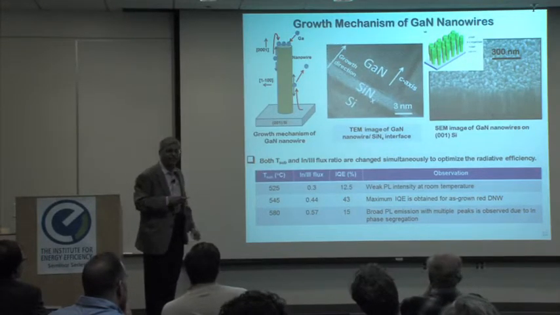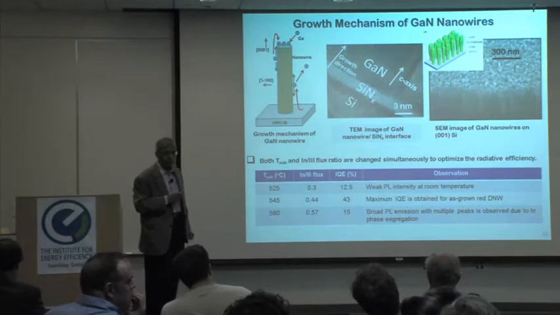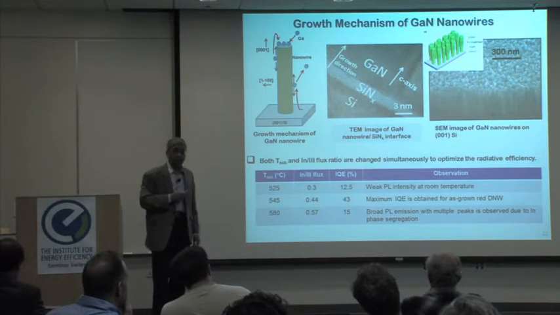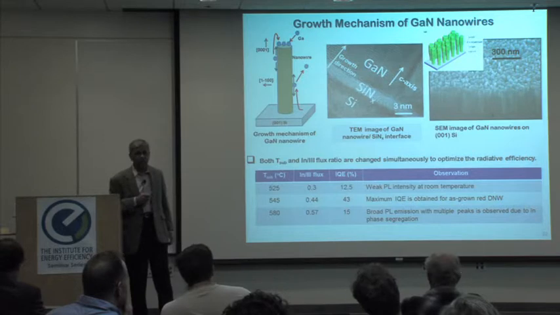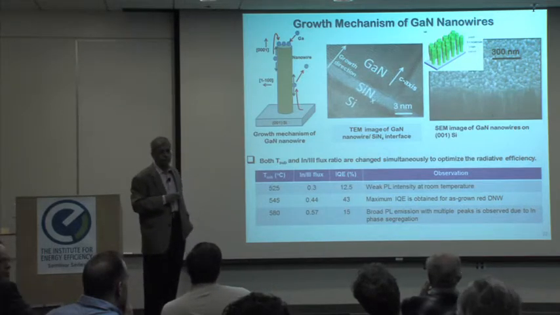Is silicon nitride magical, or is any amorphous material in between okay? So the question is, suppose I took aluminum as a substrate and I put 3 nanometers of silicon nitride on top. Actually, people do that. They do a nitridation and create aluminum nitride. Or suppose I deposited silicon nitride on aluminum.